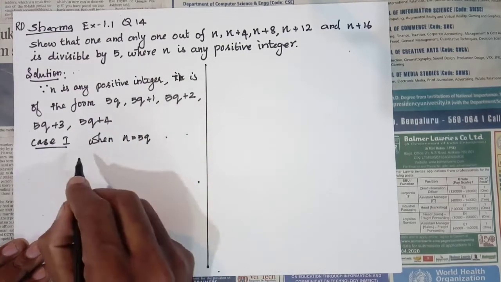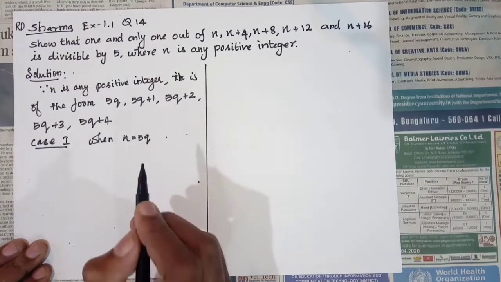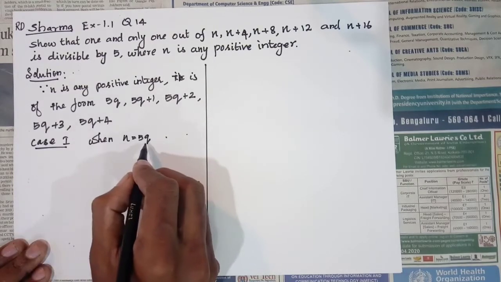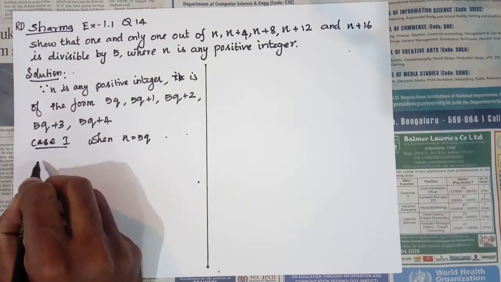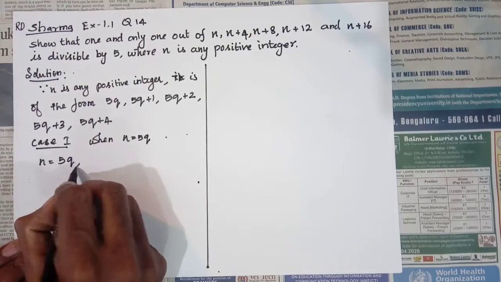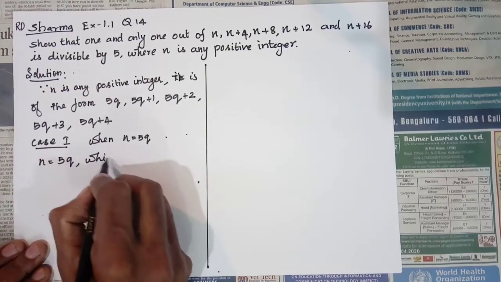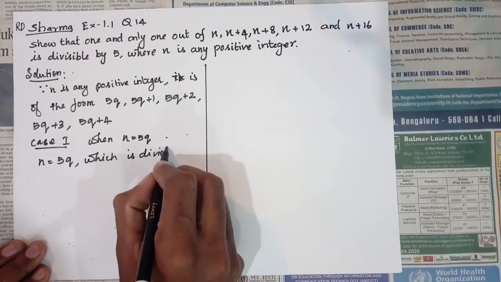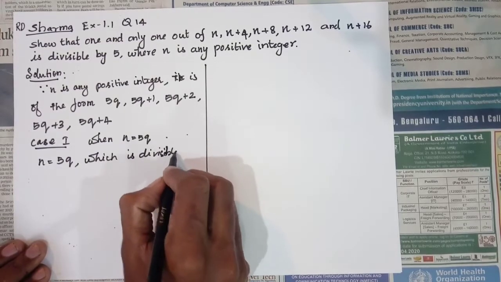The first case, case 1, is when n is equal to 5q. So if n is 5q, it is divisible by 5. Why?